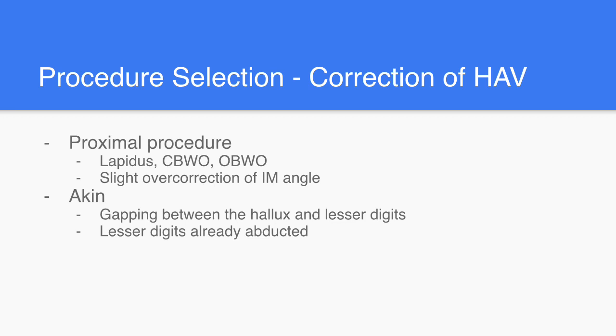And if you're considering doing an Akin osteotomy, keep in mind that the gapping between the hallux and the second toe is going to be pretty significant because the lesser digits are already abducted in these cases. So that's something you want to discuss with your patient beforehand as well, just to set their expectations straight.